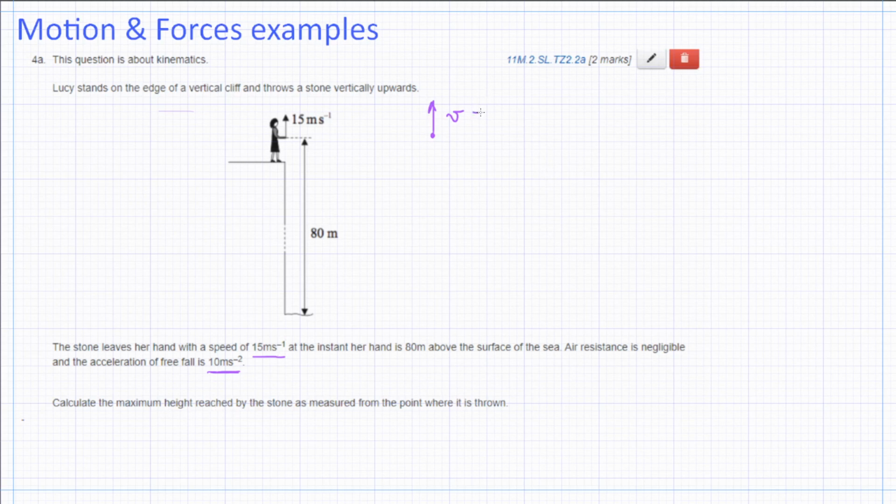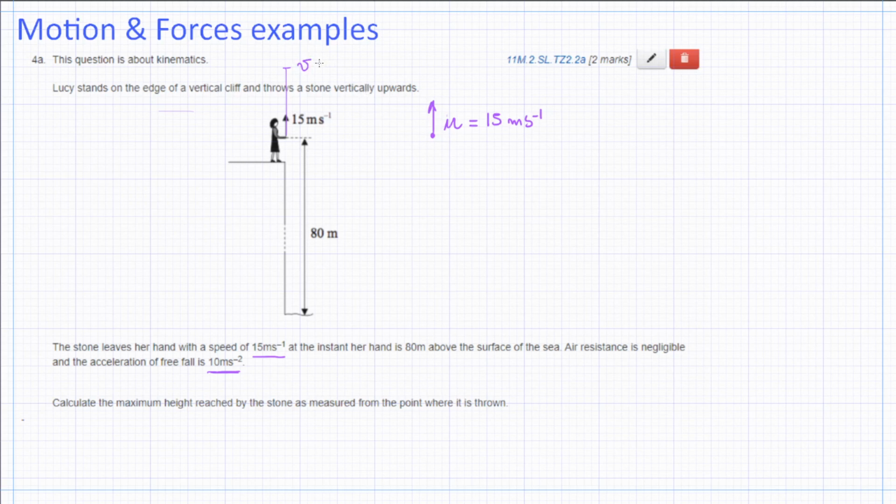So we know our initial speed, so let's use the same variables that we have been using in our classroom. Initial speed, usually we have been using u, so 15 meters per second. Now if the stone moves upward up to a certain point, when it reaches its maximum height, we know the velocity there, right?